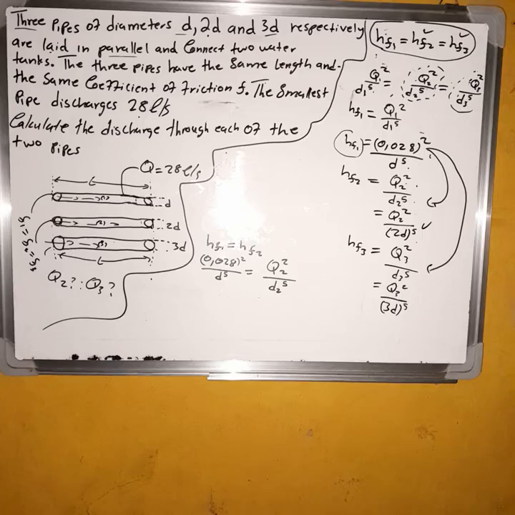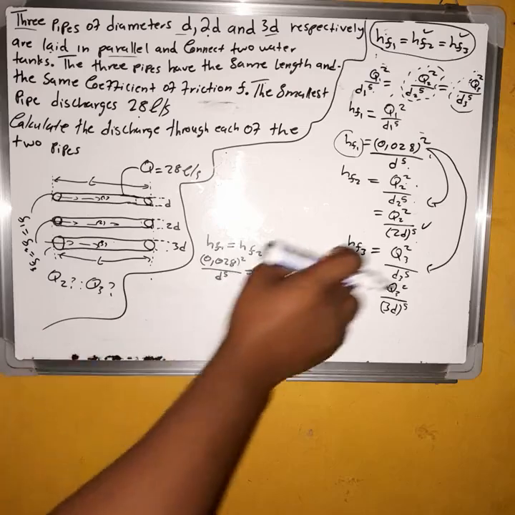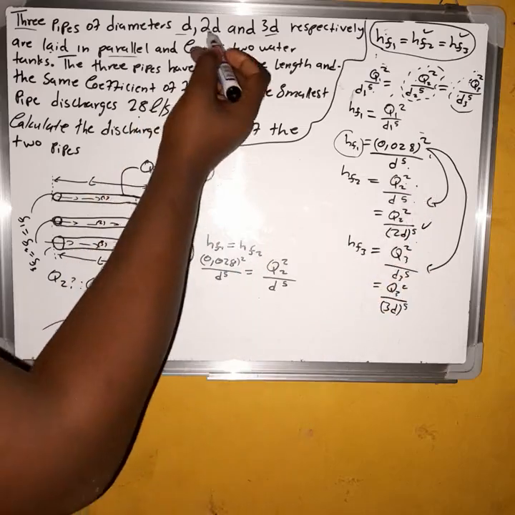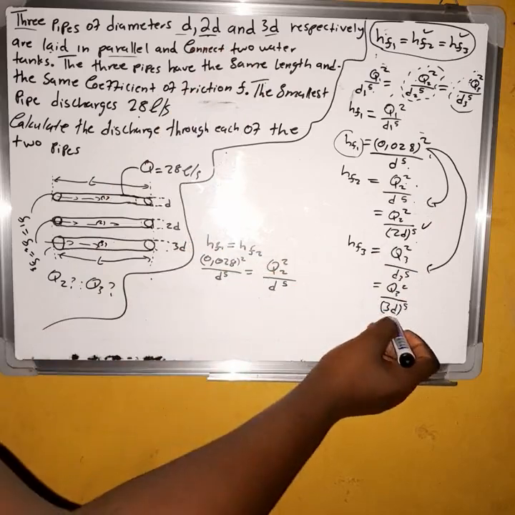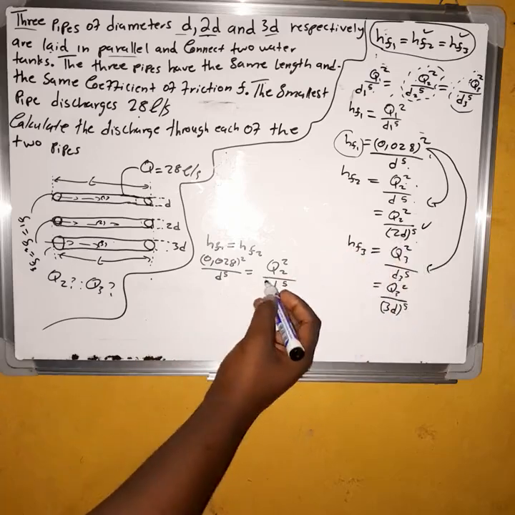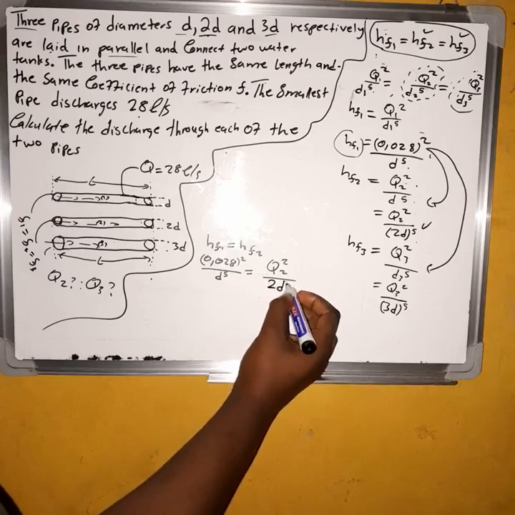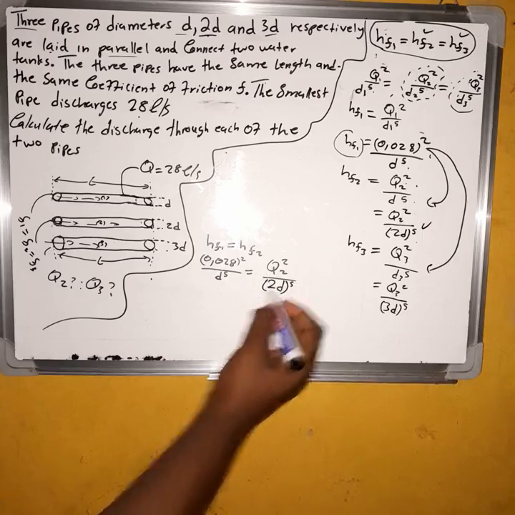Right, that is what we have. Let me not put D2 here. Remember, it's D, it's not D something, it's just D. There is a 2 here, so it will be 2D, all of these raised to the power 5.